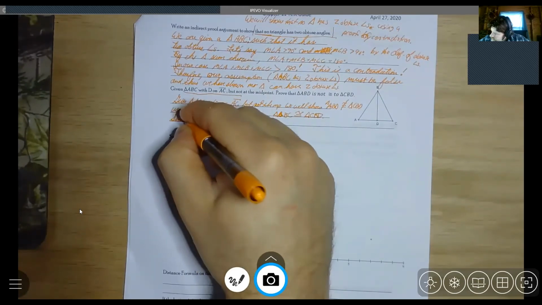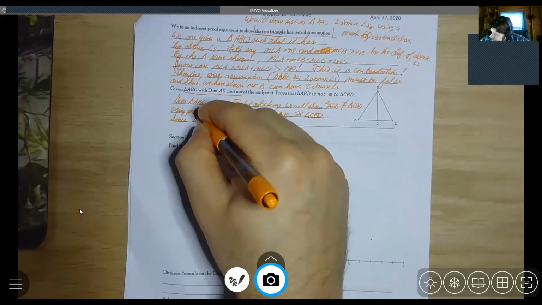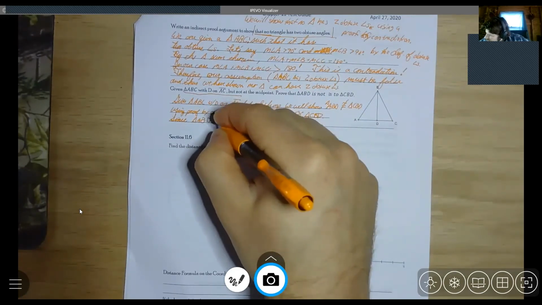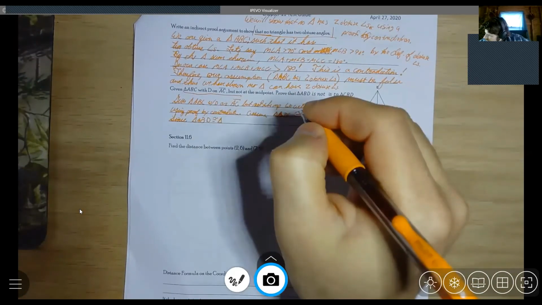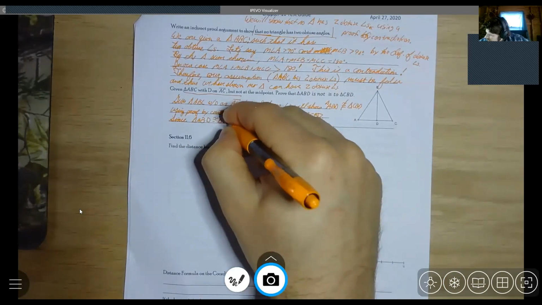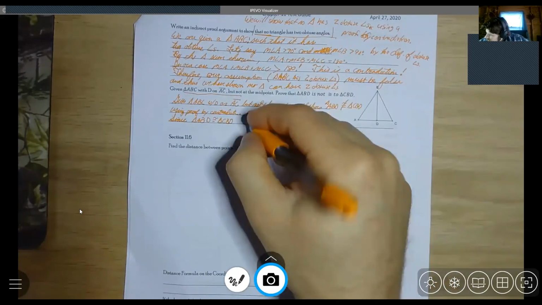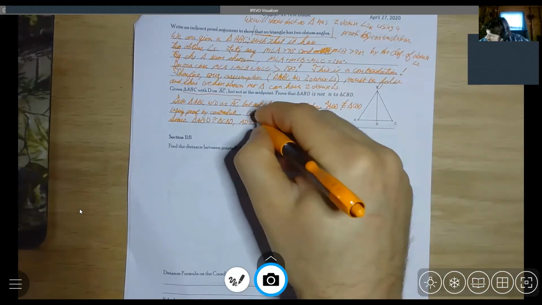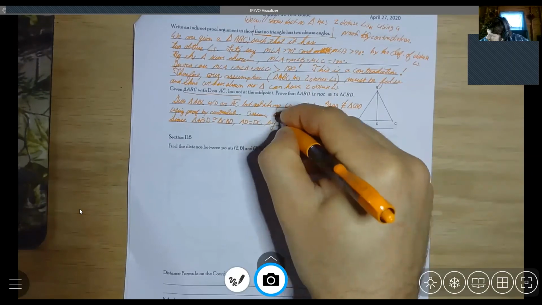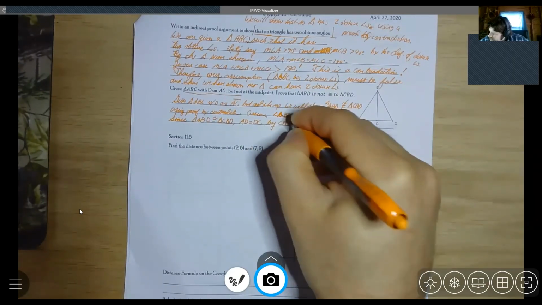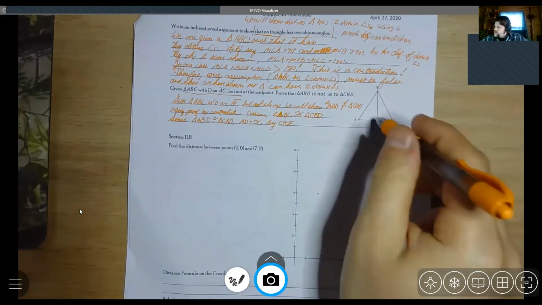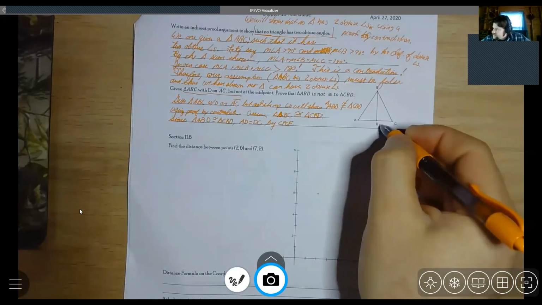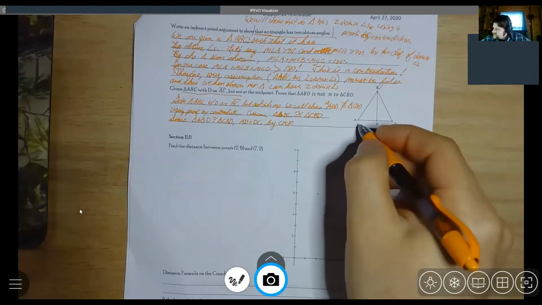So we say since triangle ABD is congruent to triangle CBD, AD equals DC by CPCTC. Because if these two triangles are congruent, then all their parts have to be congruent, which means that CD must be the same as AD.